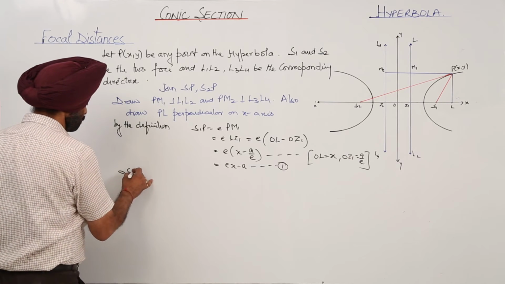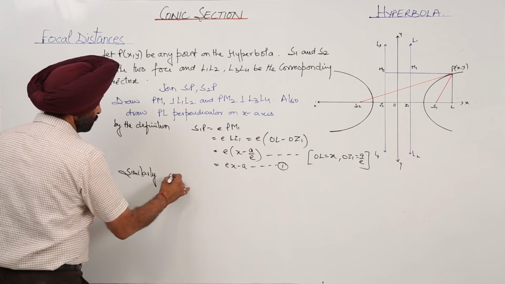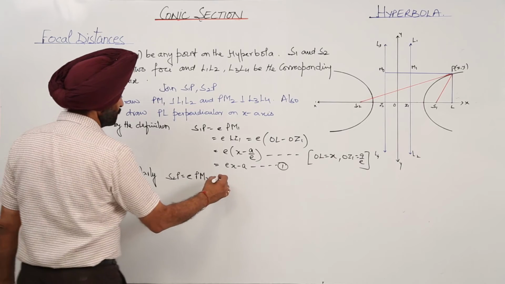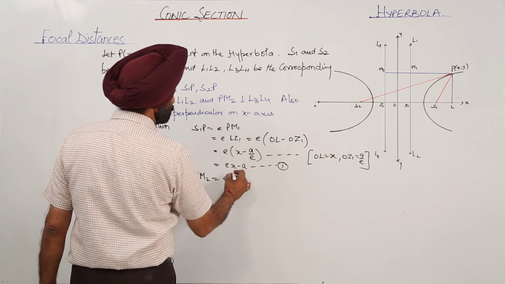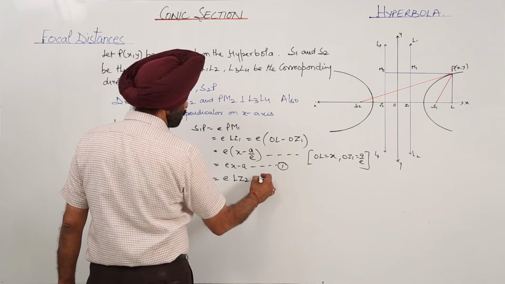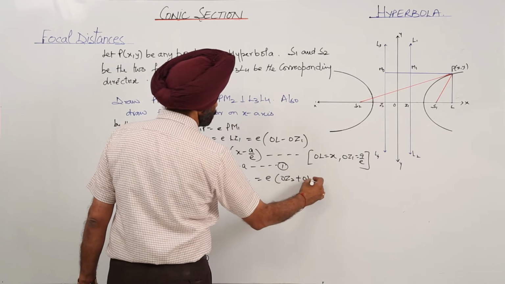Similarly, S2P is equal to e times PM2. Now this is equal to e times LZ2, which is equal to e times (OZ2 plus OL).